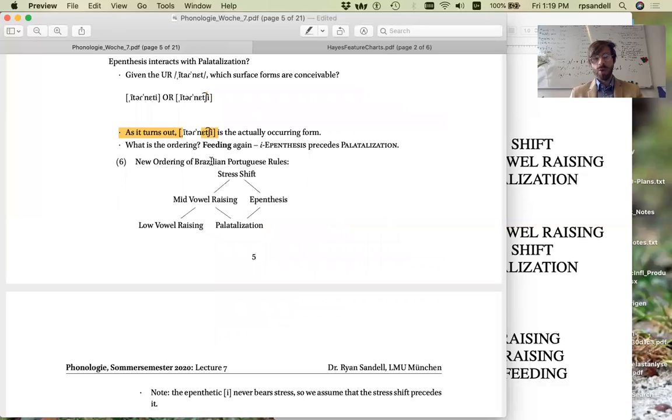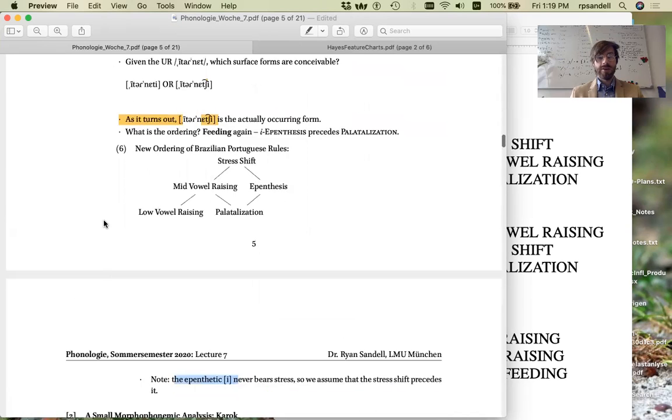And the reason why we'll think that the stress shift precedes it is because the epenthetic E never bears stress. So the fact that the epenthetic E never has the primary stress shows that there can't be any processes that move the stress around in the language that would cause this epenthetic vowel to become stressed.